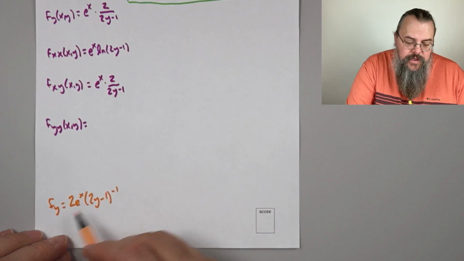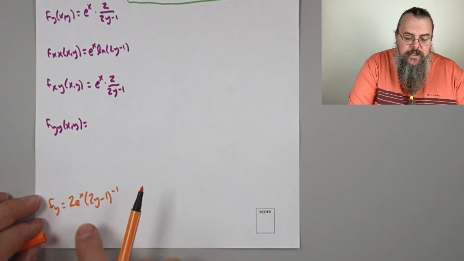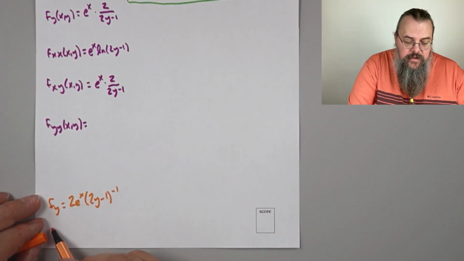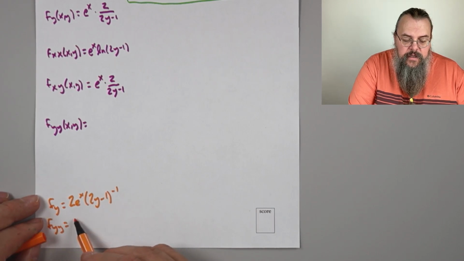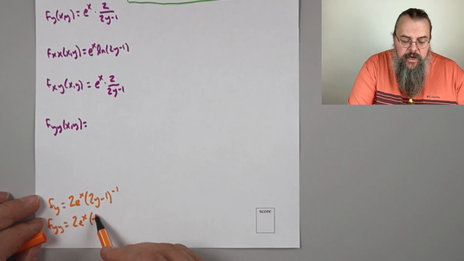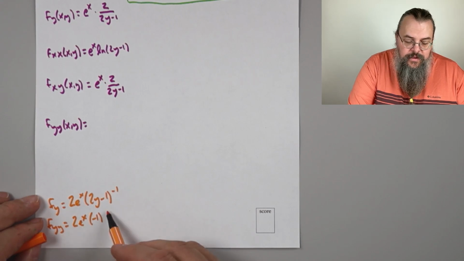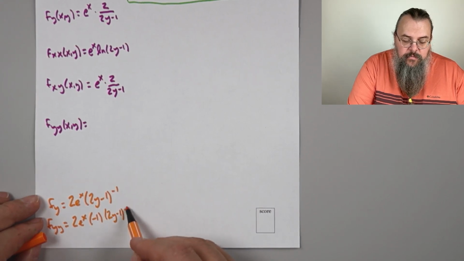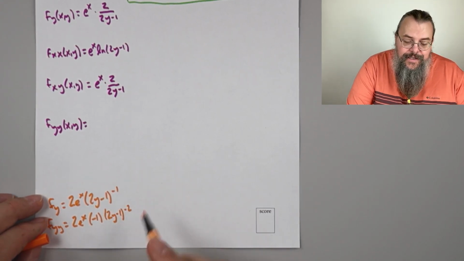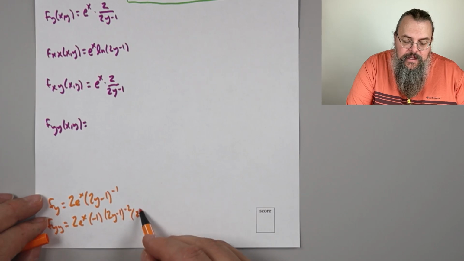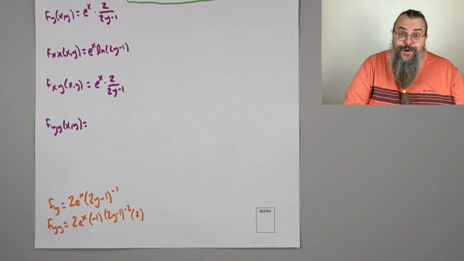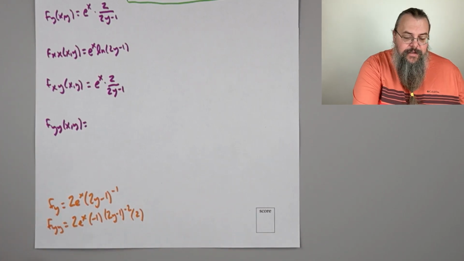So now when we take the derivative with respect to y, e to the x is still a constant. So what will happen is we'll get f sub yy. We have the 2e to the x. The minus 1 comes down, 2y minus 1 to the minus 2, and then times the derivative of the inside. So what do we have when we put it all together?